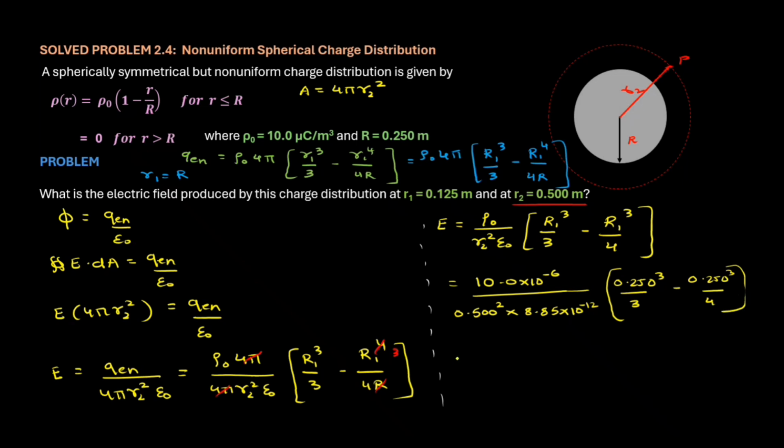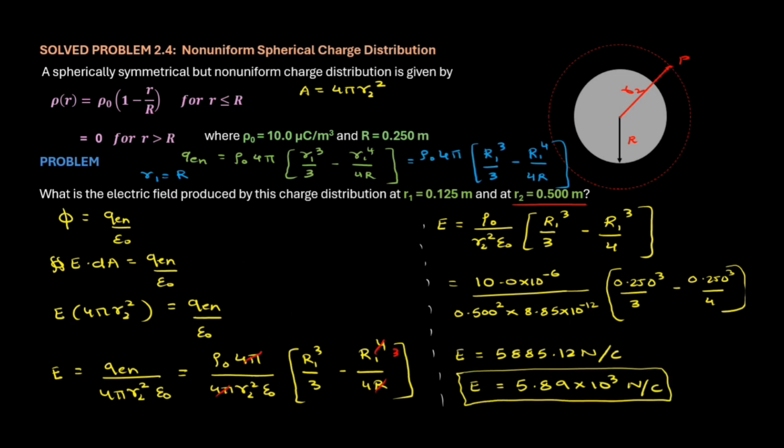And when you solve this, you get electric field at a distance r2 from the center of the sphere to be equal to 5885.12 Newton per coulomb, or you can write this as 5.89 times 10 to the power 3 Newton per coulomb.